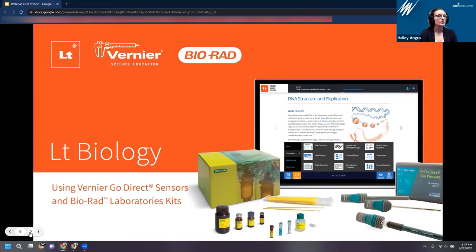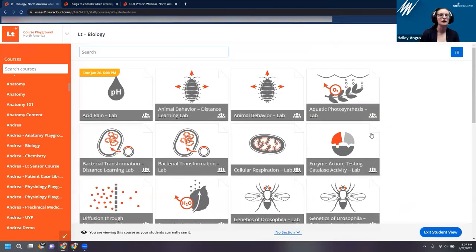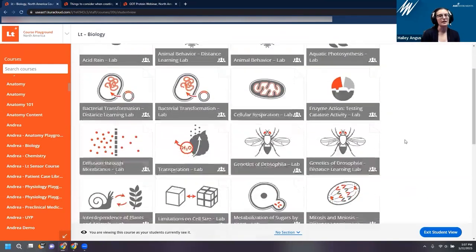We created that partnership because we have the same motivation that we want to make science easier and more accessible for students. And we know that that's the way to prepare students for the professional field. So we have some Bio-Rad labs, some distance learning labs, and then today we'll be focused in on the GOT protein lab. I'm just going to switch over so you'll see our LT biology collection. You'll have access to this towards the end of the webinar, but these are all of the labs that we have in LT.